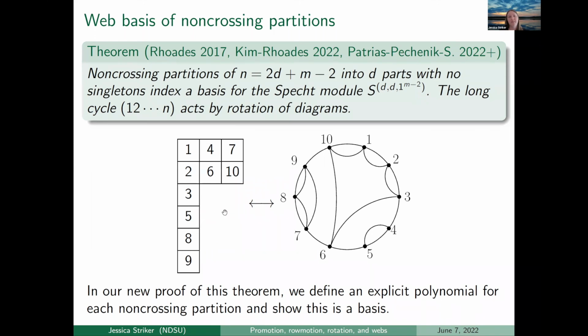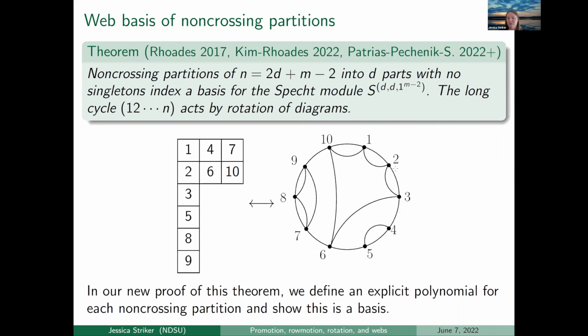So this was in work of Brendan Rhodes and then more recent work of Rhodes with Jesse Kim. And then in a recent paper, joint work with Patrias and Pechenik, we showed that non-crossing partitions index a basis for this Specht module. And since this is a non-crossing partition, the long cycle is going to act by rotation. So several different perspectives on this problem.